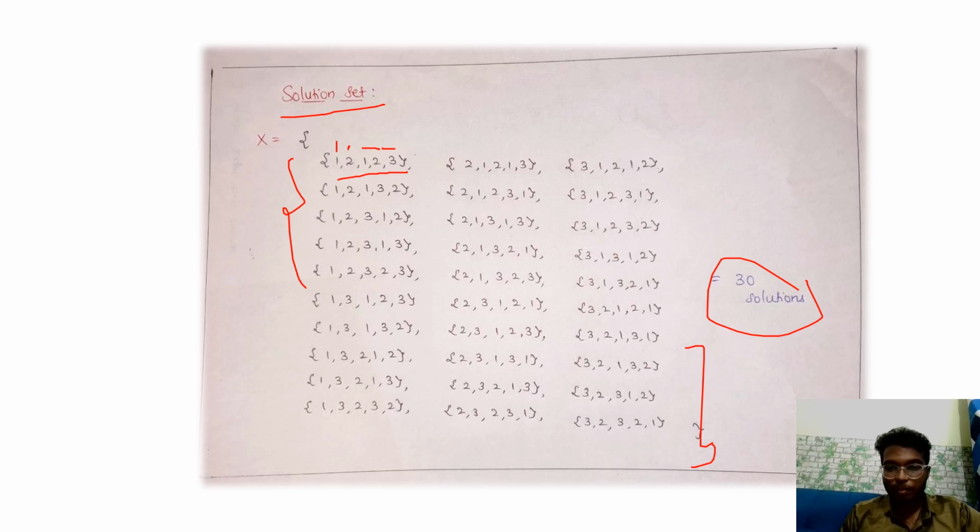So here we have determined the sequence of coloring of A to E: first color, second color, first color, second color, third color. In this way, we have determined the solution set for the given graph. So ultimately we have 30 solutions to color a graph while following the condition that no two adjacent vertices should have the same color.